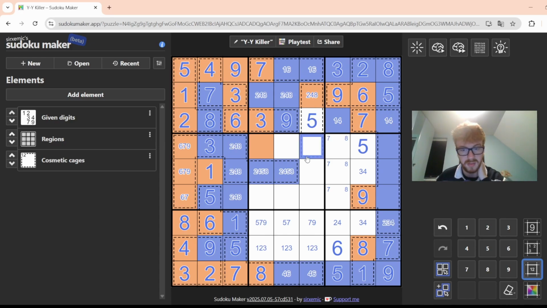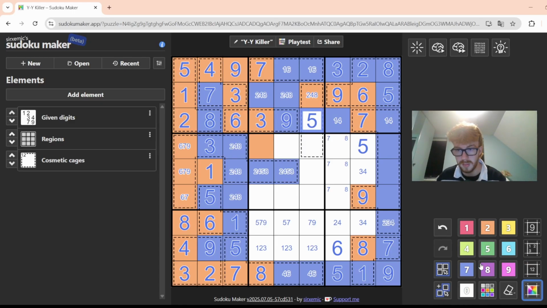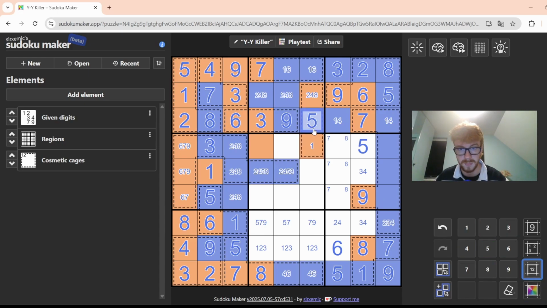Then if this is blue, orange, or orange, blue. Right, either that's, if it is, wait, there are limited options here. If this is blue and that is orange, then this is a 1. Oh, and this is a 1.